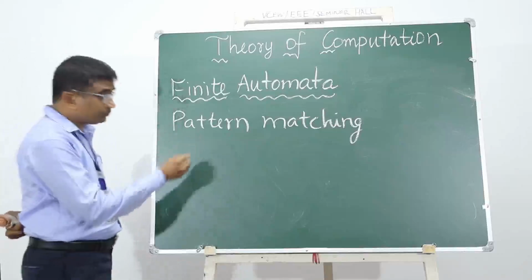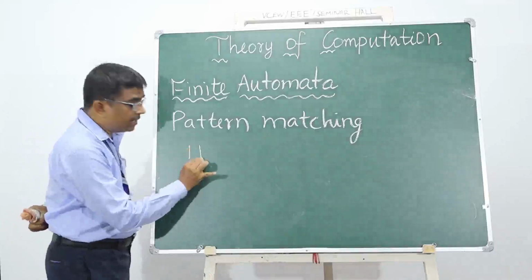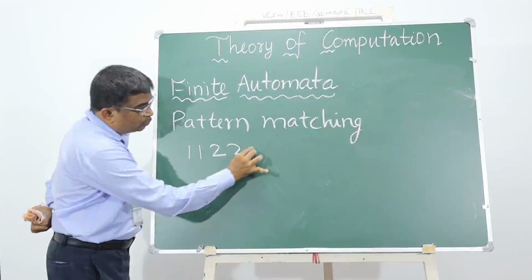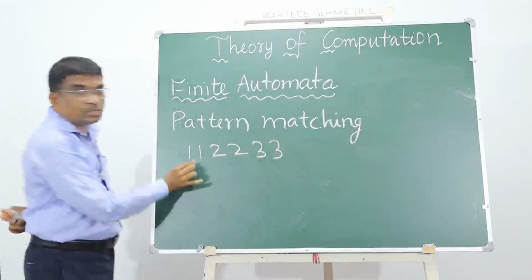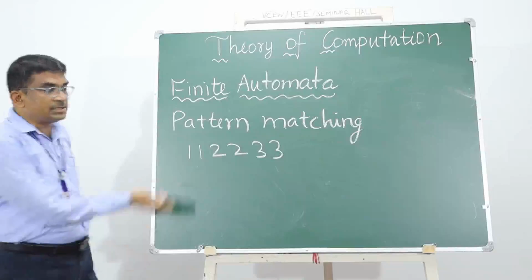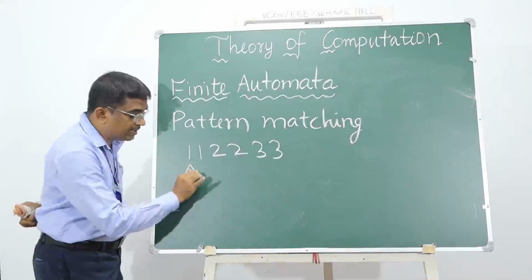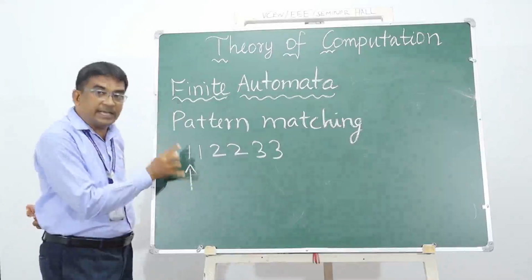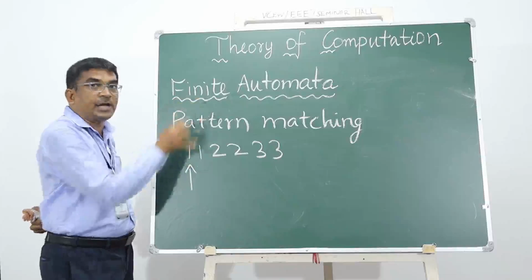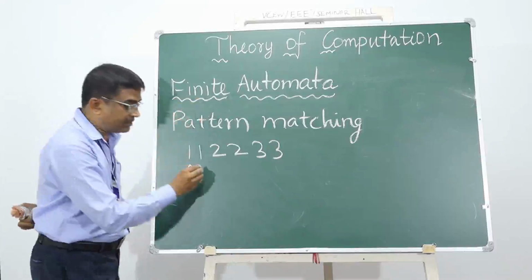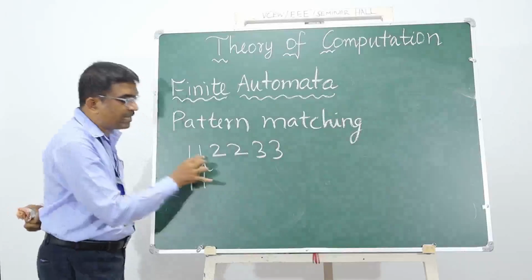Like, suppose I am going to give the word 112233. So this is my pattern. After giving this, the finite automata reads the first character 1. It is verified by the finite automata, so it is recognized, and it moves to the next character 1.